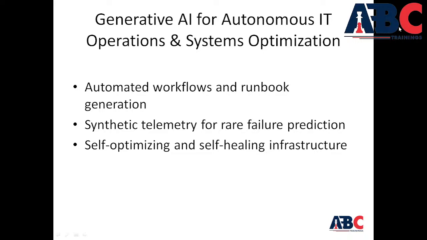Now, the next slide is about generative AI for autonomous IT operations and systems optimization. Generative AI is emerging as a transformational force in autonomous IT operations, enabling systems to predict, prevent, and resolve issues with minimal human intervention.